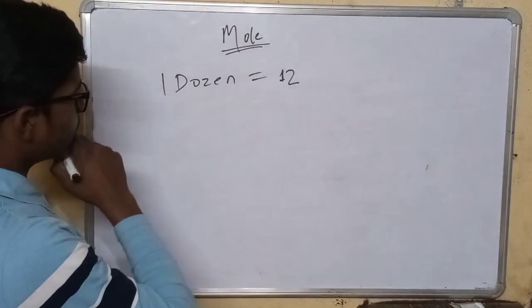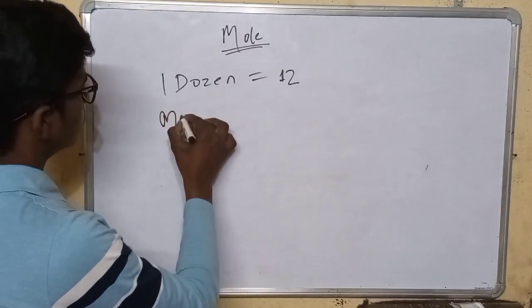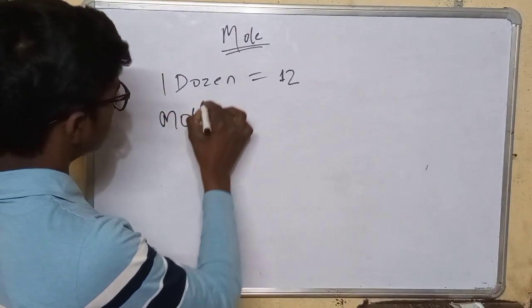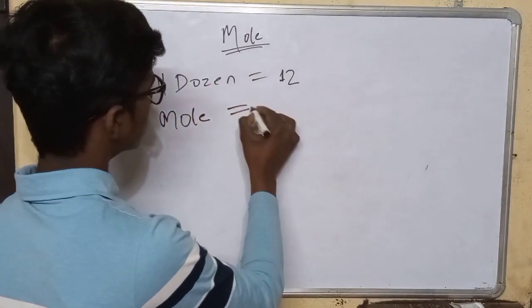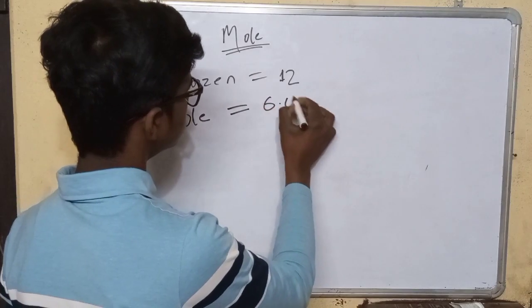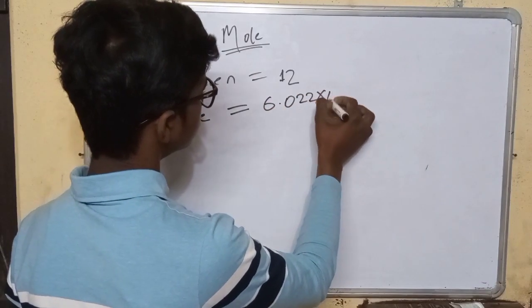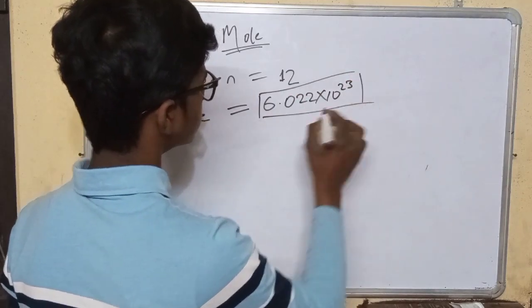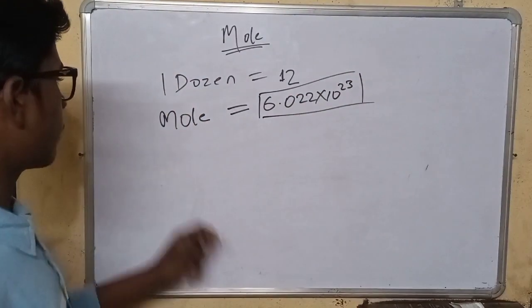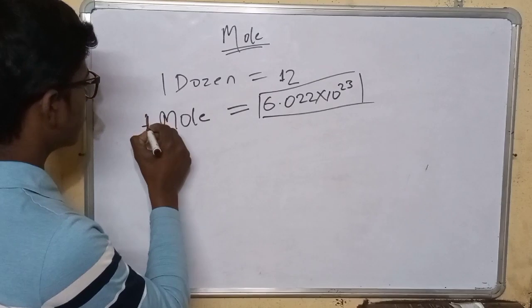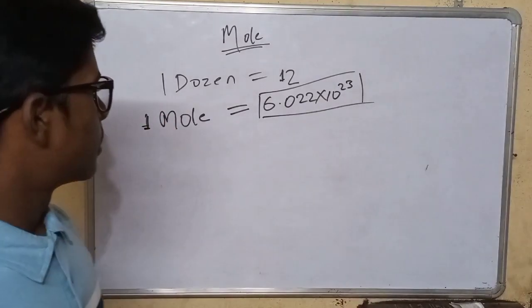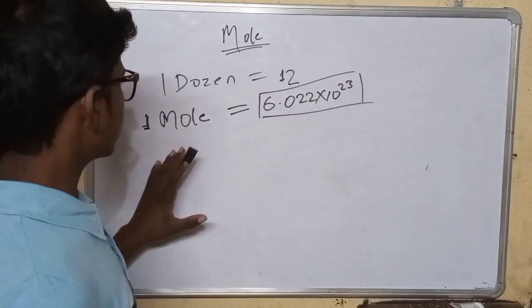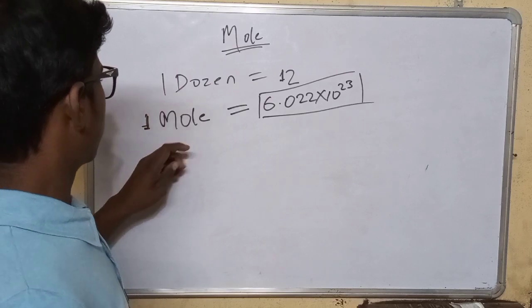Similarly, mole is just like a dozen, which contains 6.022 × 10^23. It is the number contained in 1 mole. It is totally similar to the dozen.